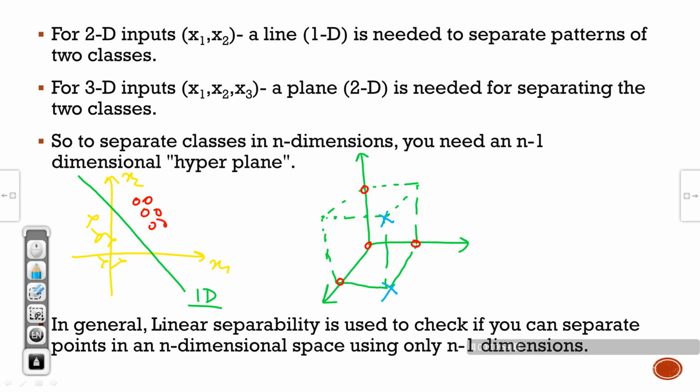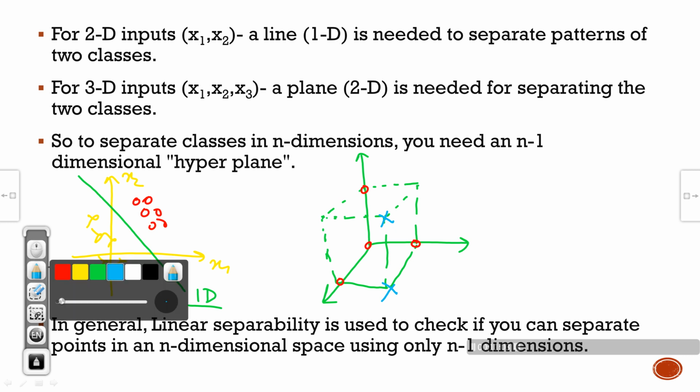If you want to separate these patterns, then I will need a plane. There should be a plane which cuts this three-dimensional figure such that the patterns from one particular class are on one side and the other class on the other side, then it is called linearly separable.